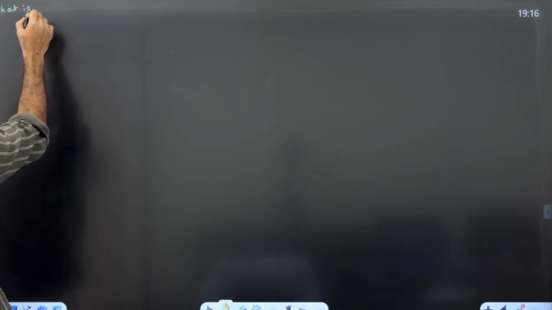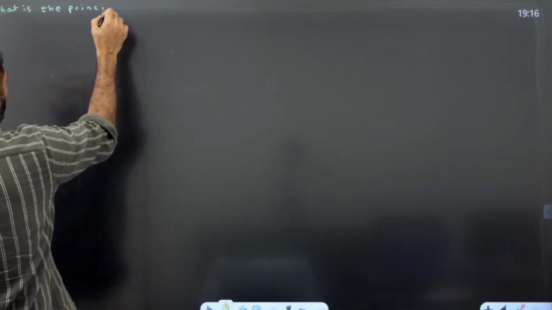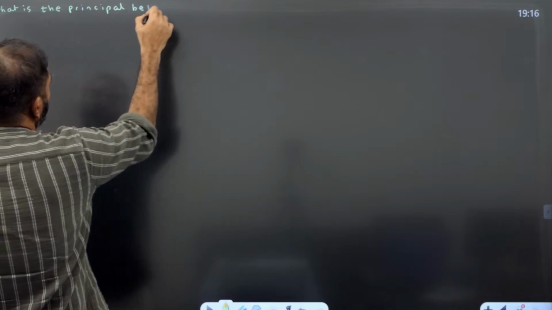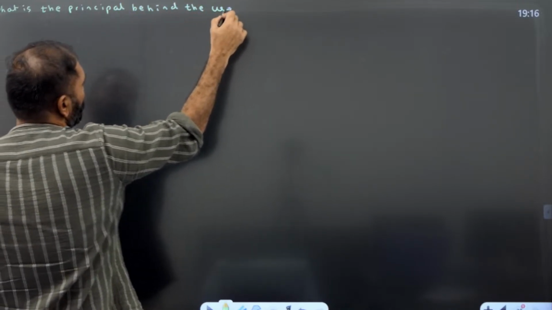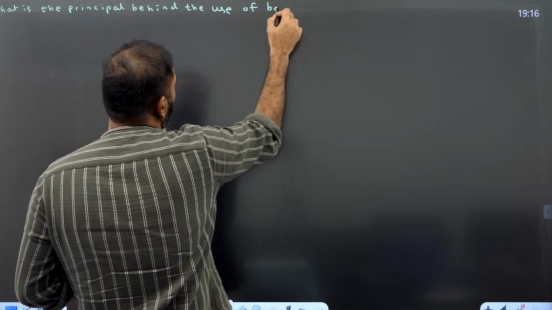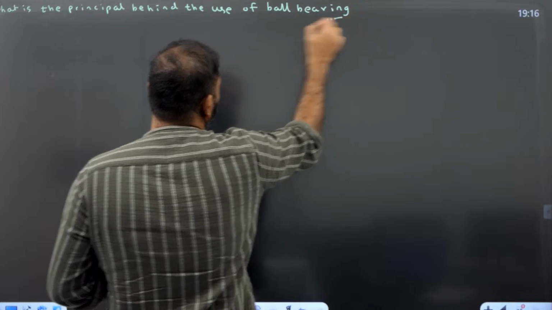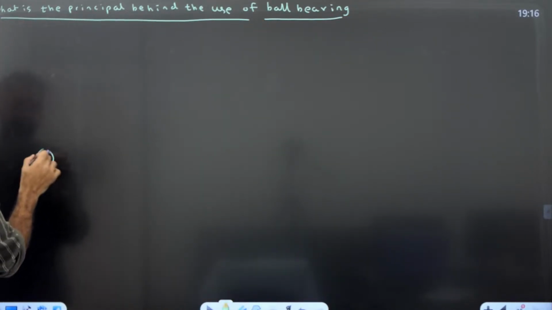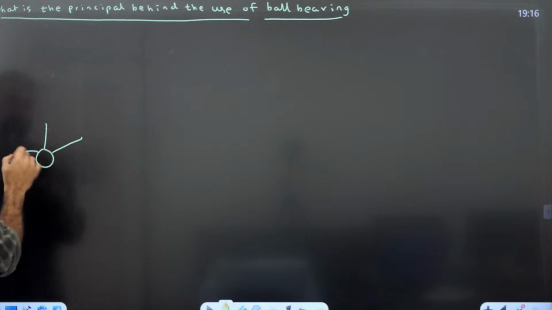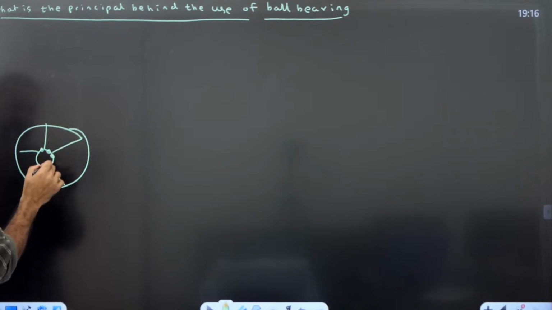What is the principle behind the use of ball bearings that you have seen in cycles? The wheel rotates through what? See, this will be the wheels, and when the wheel rotates, inside that there will be what?